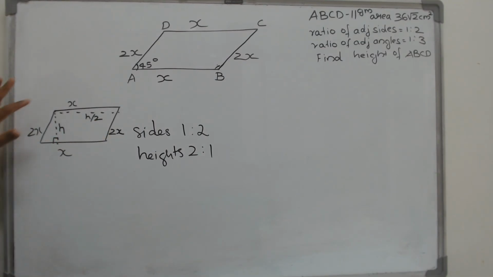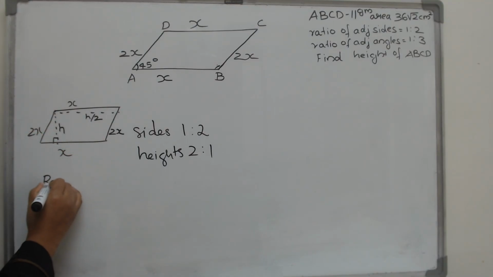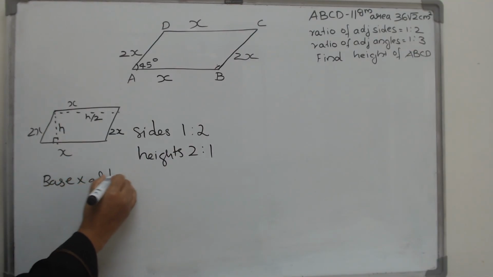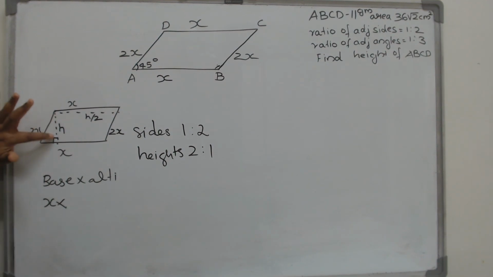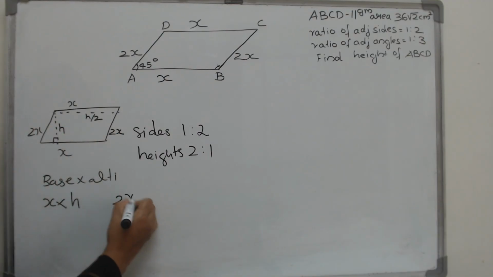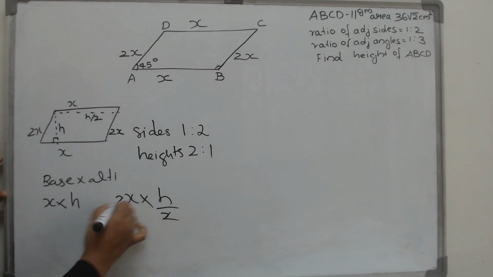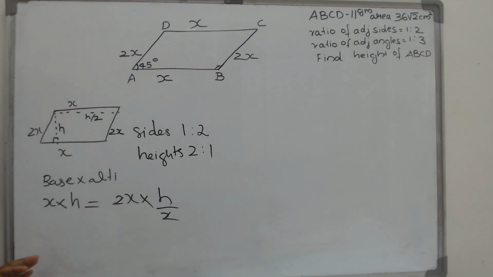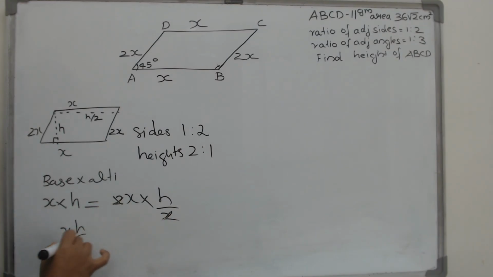Why is that? Because if you look at the area of ABCD, the area of a parallelogram is base into altitude, right? So if you take this base, corresponding to it, you should take this altitude. If you take this base, corresponding to it, you should take this altitude. Whichever base you take, with that base and the corresponding altitude, your area has to be the same.